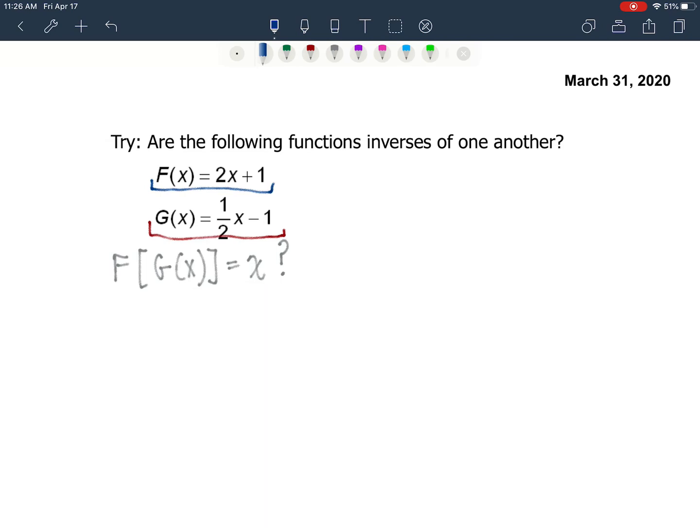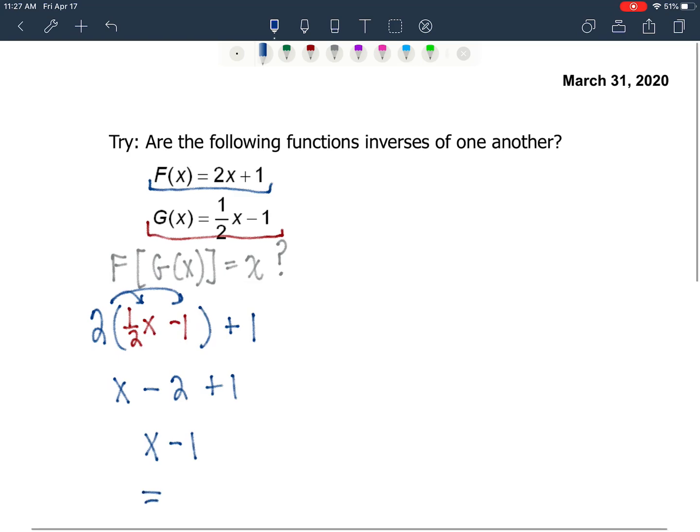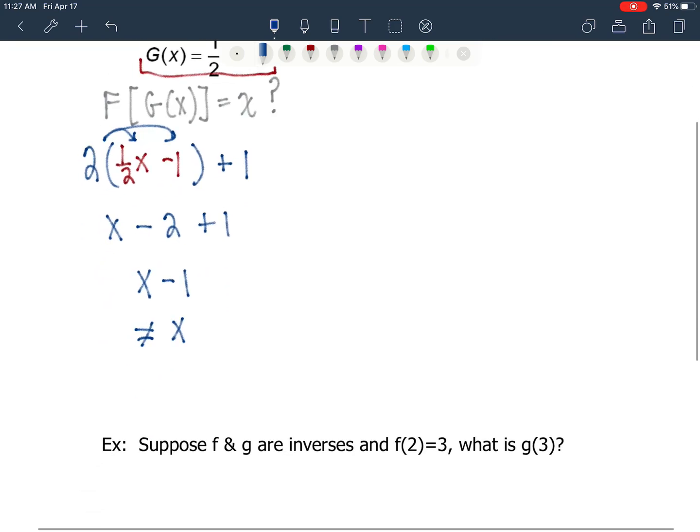So I'm going to start with f of x, 2 times the quantity plus 1, and in that quantity I'm going to put the g function. And as soon as I do that, I get x minus 2 plus 1. x minus 2 plus 1 is x minus 1. That is not x. Therefore, these are not inverses of one another.